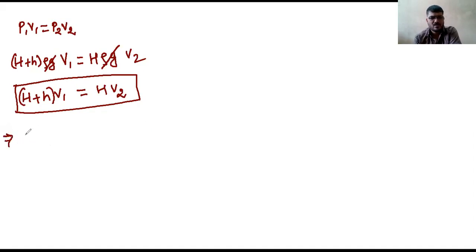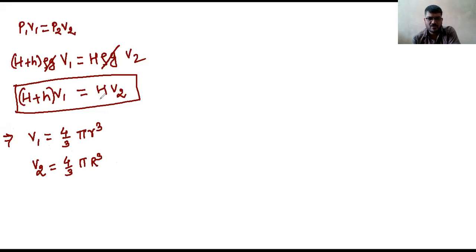So this is in terms of volume. As we know, V1 is equal to 4 by 3 pi small r cube, and V2 is equal to 4 by 3 pi capital R cube. This is the volume of that air bubble.